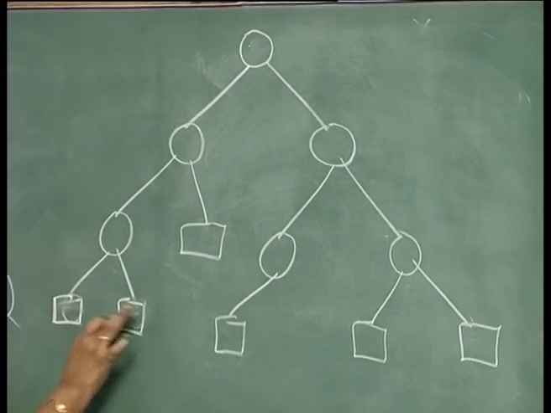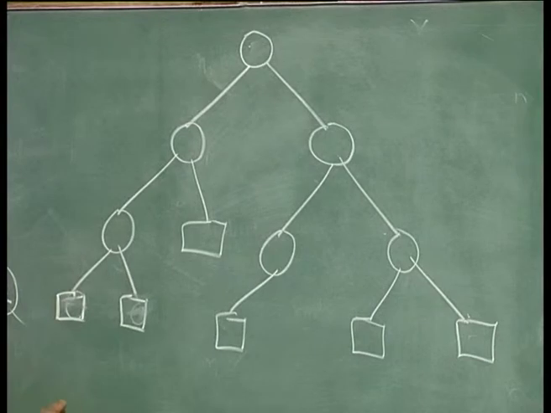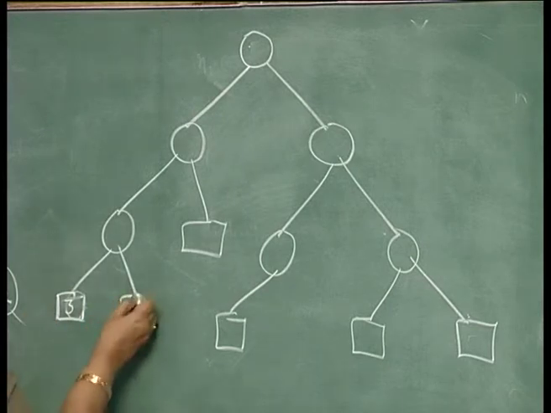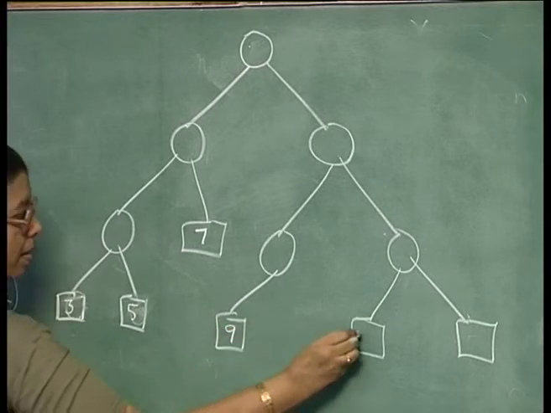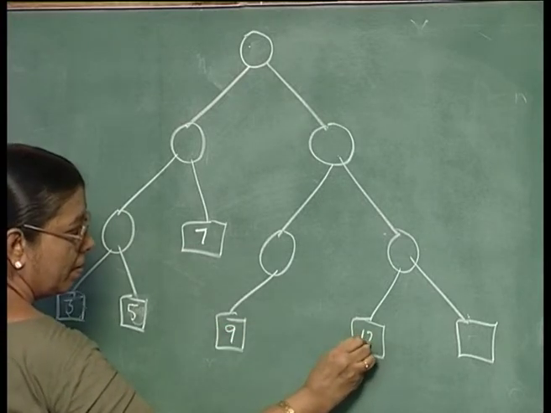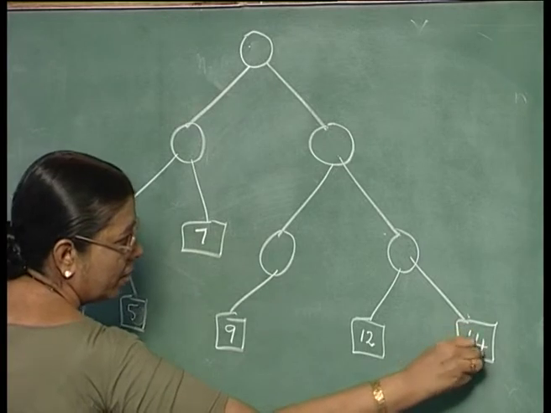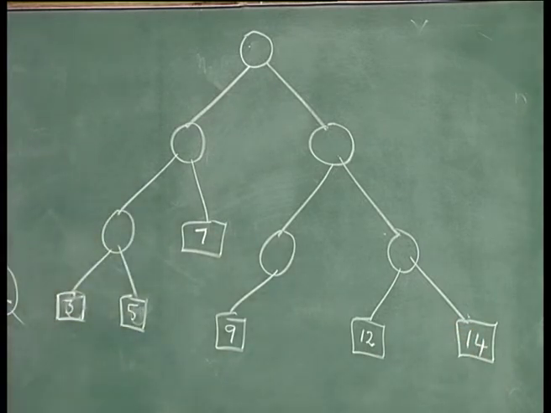The same values we can take: 3, 5, 7, then 9, 12. The values are stored like this.